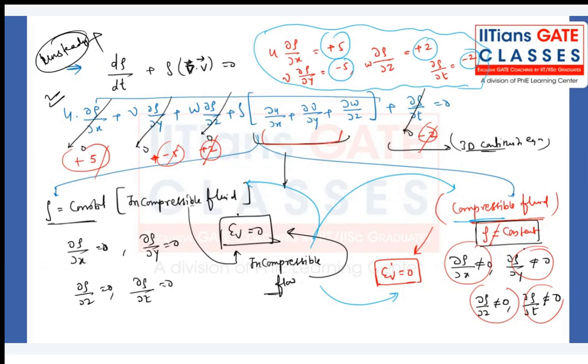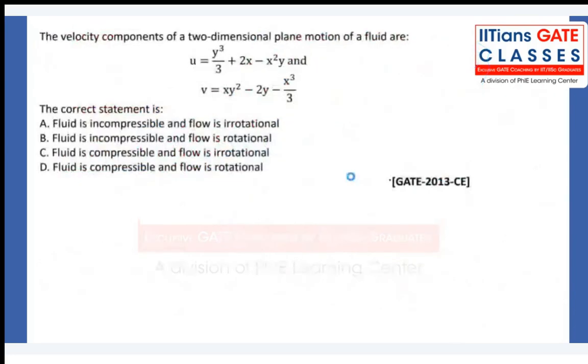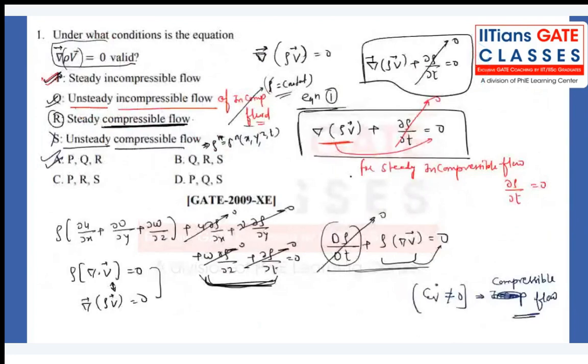So this rarest possibility they have neglected in the GATE examination, because if you see the options, you will get confused. Sir, incompressible flow means what? Okay, steady means we can validate this equation. But the second statement, incompressible flow, sir, means two cases: compressible fluid, incompressible fluid. Then, sir, what do we have to think?